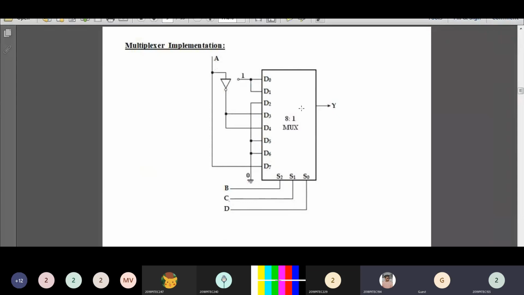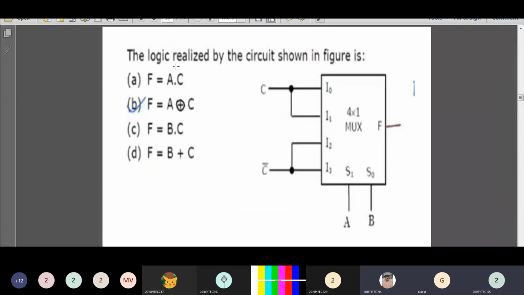Now let's move on to the next problem. The logic realized by the circuit shown in figure is: four options are given. F is equal to AC, F is equal to A XOR C, F is equal to BC and F is equal to B plus C. This is the given diagram, a 4 cross 1 mux.